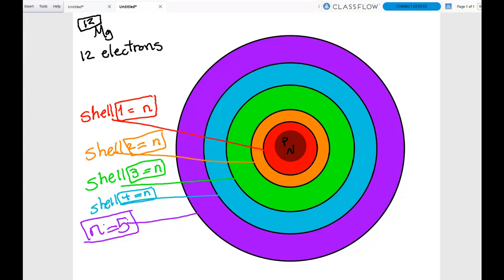So how many electrons in each shell? They don't take the same number of electrons in each shell. Shell number 1 takes only 2 electrons. Shell number 2 takes only 8 electrons.